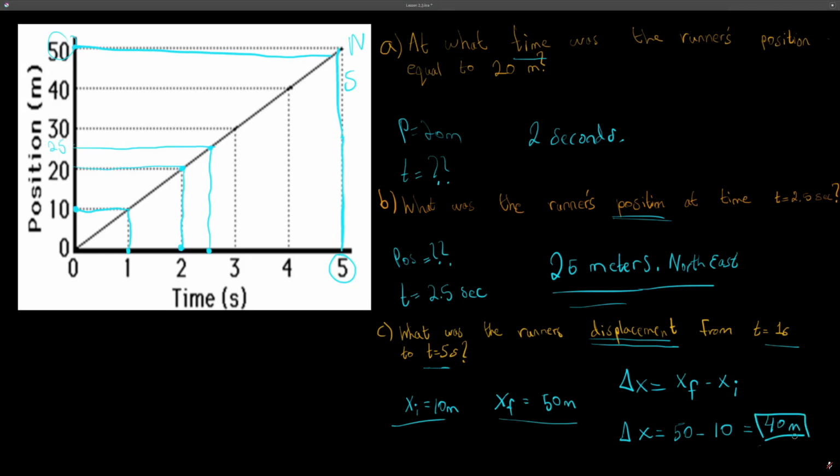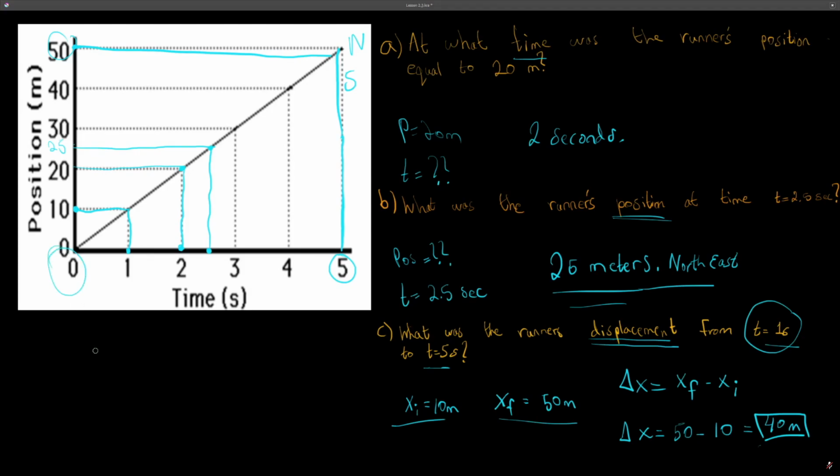So what is the displacement? We could say the displacement is 40 meters from the origin, from t equal 1 second to t equal 5 seconds. Now we can also notice here that t equal 1 second is the reference point and not t equals 0.